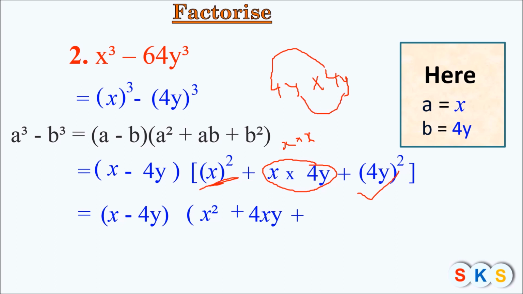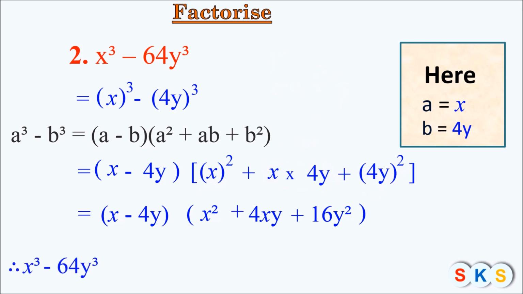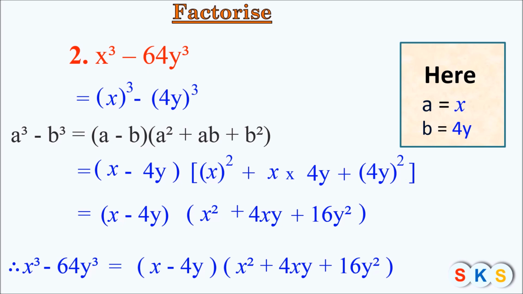So we will get 16y square. We will close the bracket. Therefore, x the whole cube minus 64y cube is equal to x minus 4y into x square plus 4xy plus 16y square.